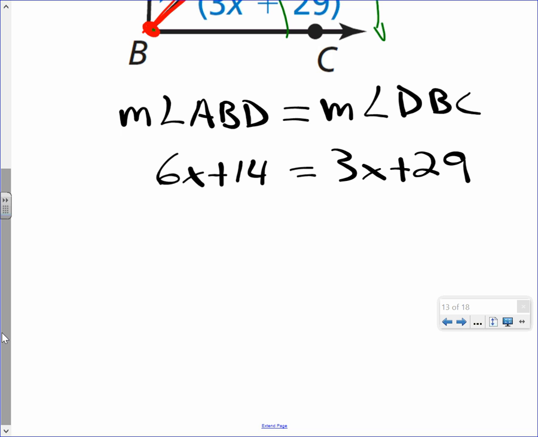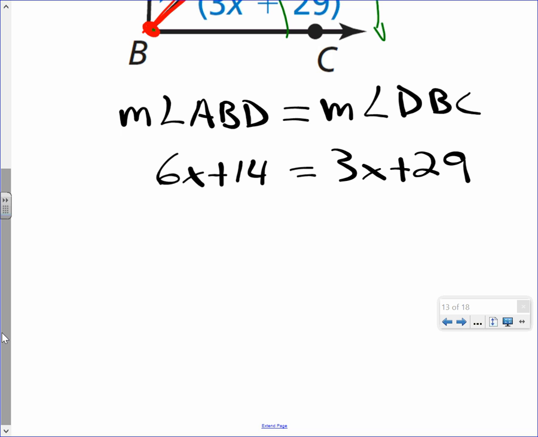How the heck are we going to do that? What do we do to both sides to get x's on one side? Because if I'm going to get x alone, I've got to get it on one side, right?